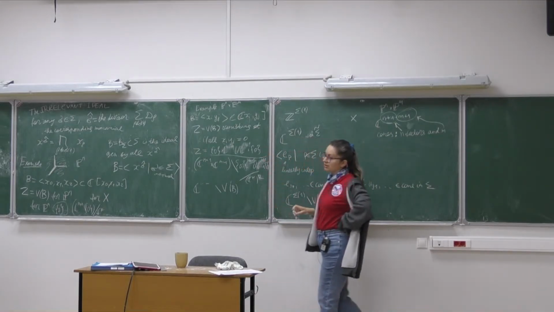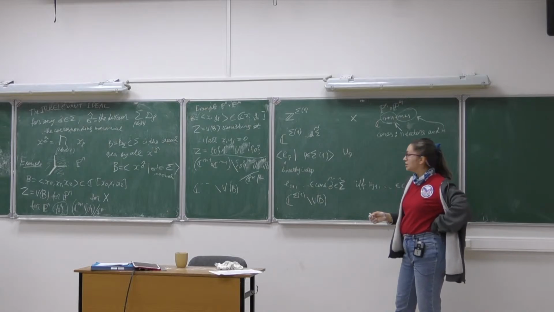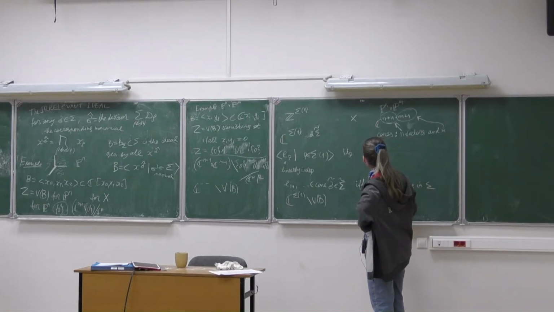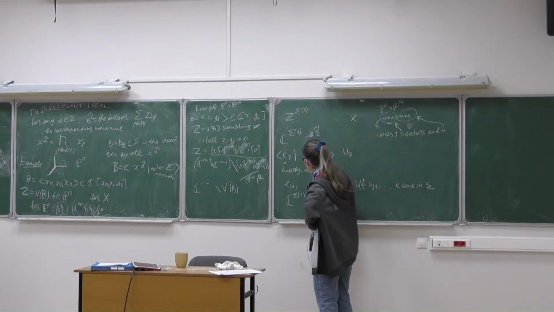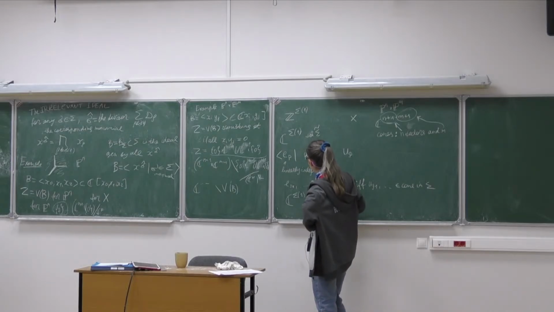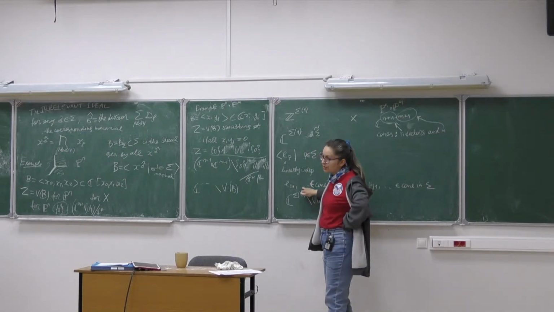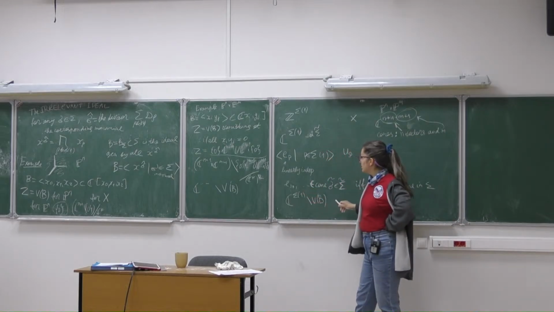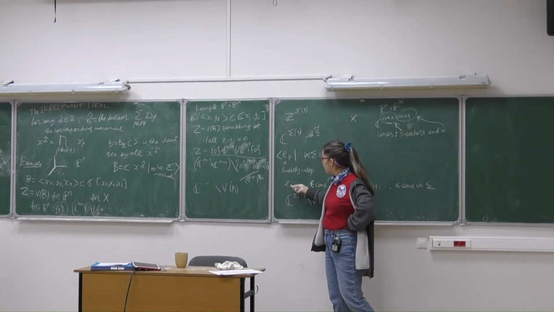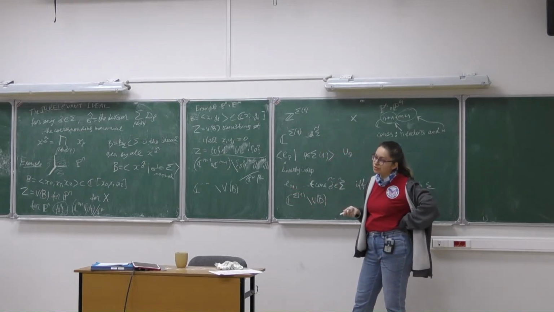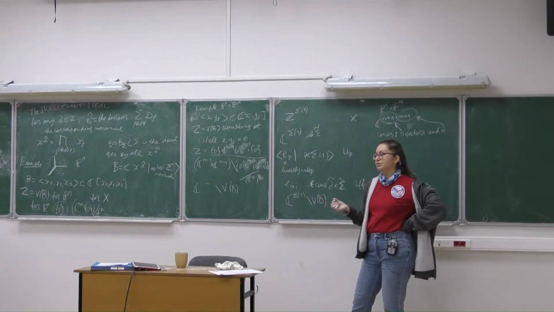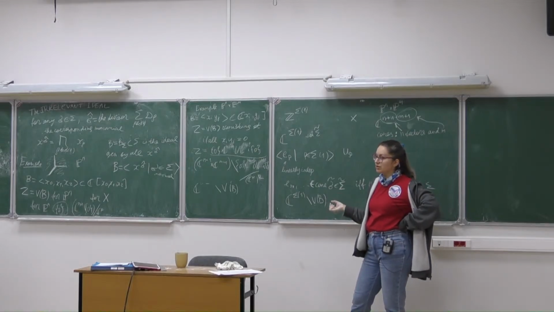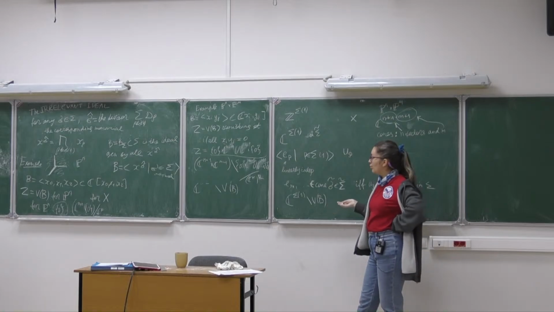So maybe it is not very exact right now, but if we take all the cones generated by these basis vectors, this is the basis, and we have only part of the cones generated by these basis vectors. If we take all the possible cones generated by these basis vectors, then we will have more points.